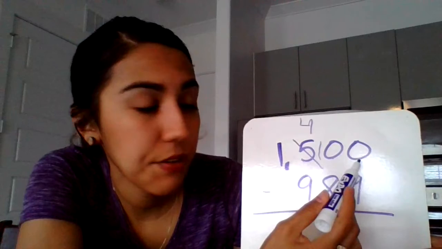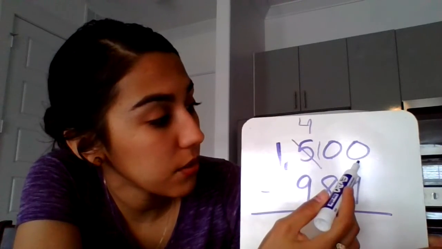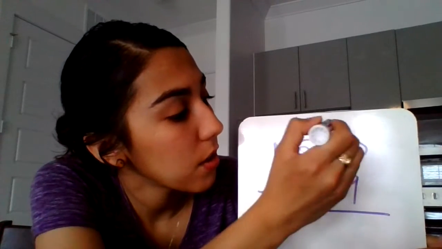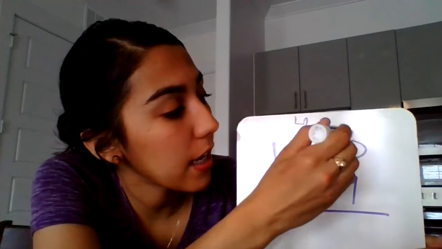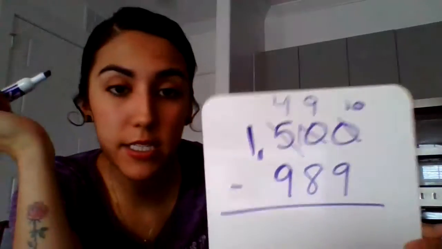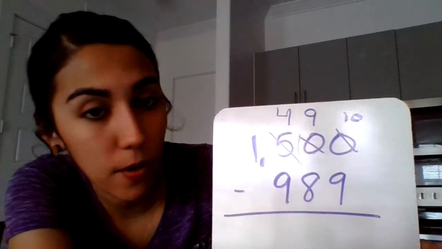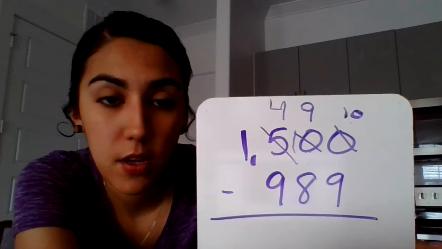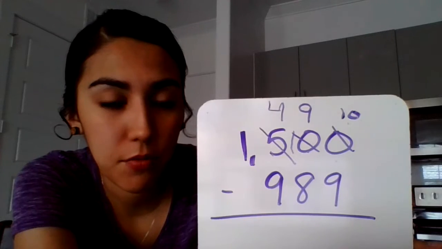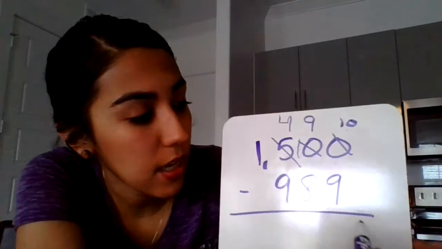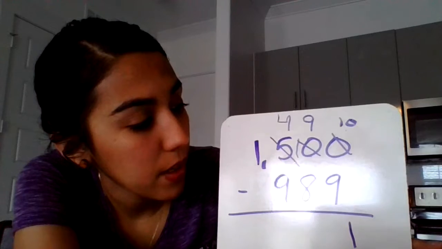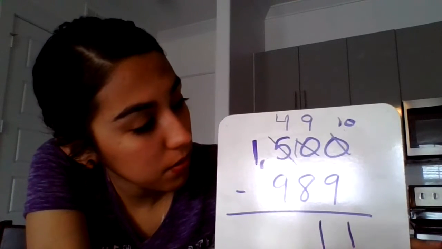Sorry, that's a funky looking 4, but we'll work with it, okay? Now, this 0 still needs some. So we're going to give 1. That makes it a 9, and this becomes a 10. So the numbers that you should have on top is 10, 9, and 4. Okay? We're done regrouping for now. Okay? So 10 minus 9 is 1. 9 minus 8 is 1.